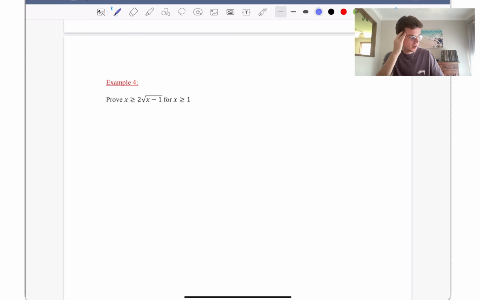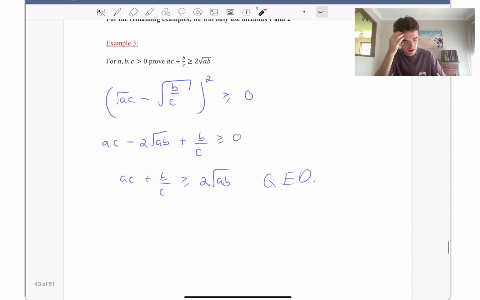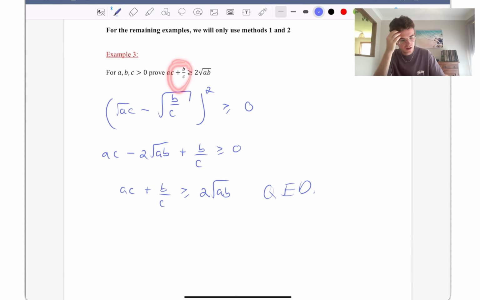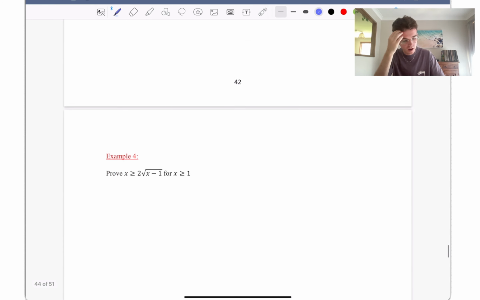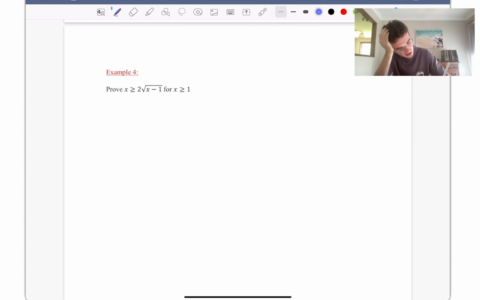Now, it's not really in a form that we're familiar with because I don't have anything after this. I've only got an x on the left-hand side. Usually I've got two things. So what we might do is say that this is the same as x plus 1 minus 1.